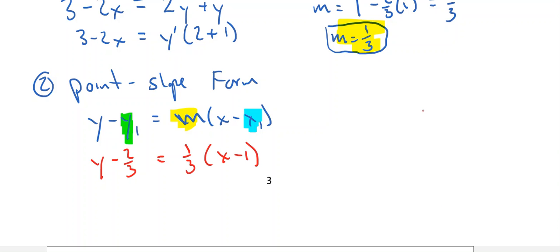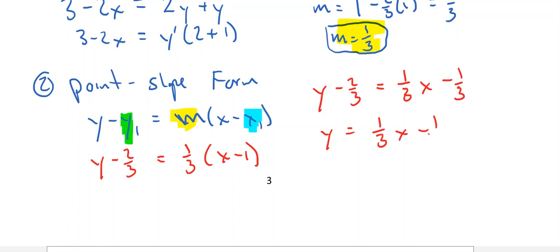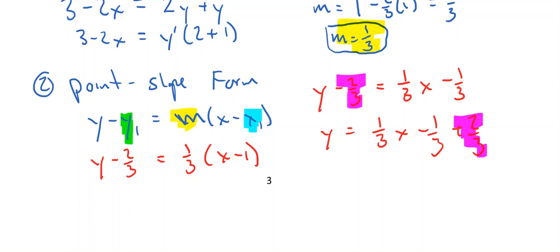Well, there's the equation of the tangent line, but let's clean it up a little bit. y minus 2/3 equals 1/3 x minus 1/3. And now let's add 2/3 to the other side. 1/3 x minus 1/3 plus 2/3. So I'm just taking this 2/3 and adding it to the other side.